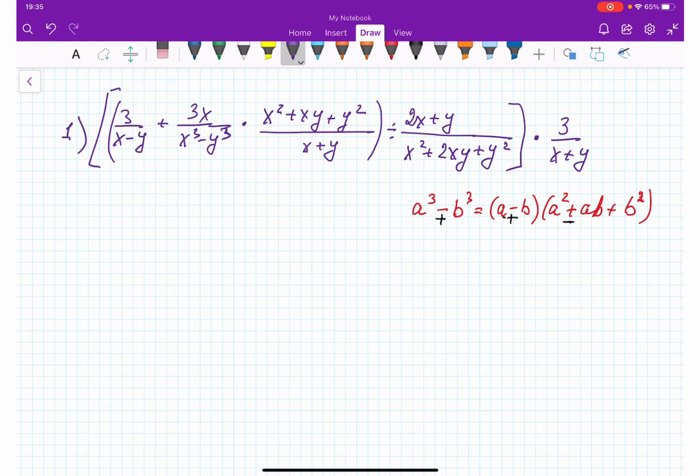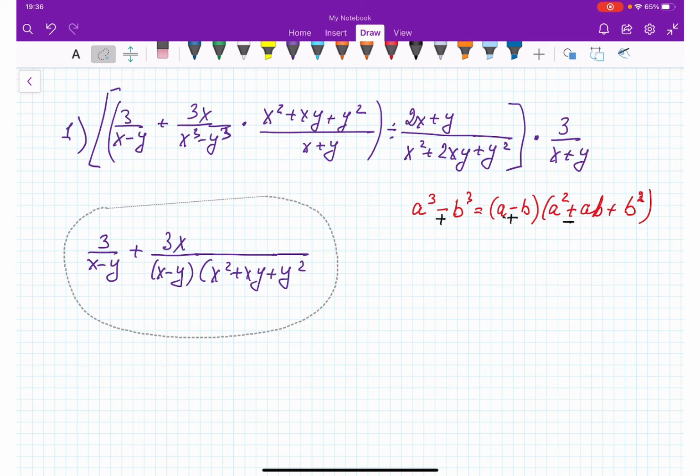First I'm going to open x cubed minus y cubed. It's going to be 3 over x minus y plus 3x over x cubed minus y cubed, and I'm going to use the formula, which is going to be x minus y times x squared plus xy plus y squared, right?